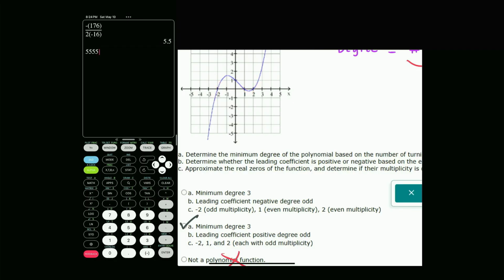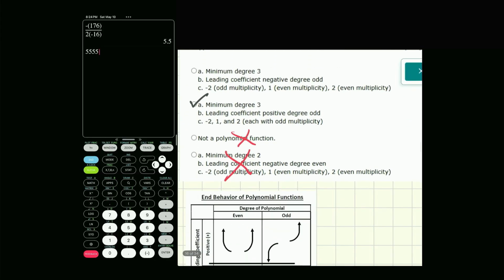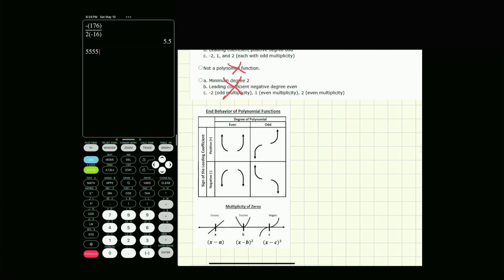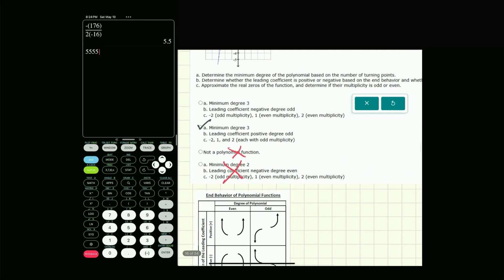It's not just touching, it's crossing through each of those. And when it crosses through, what does that mean? Back to this handy sheet. If it crosses through, that means it's an odd multiplicity because it's a degree of 1. So odd multiplicities for each of our zeros further confirms that B is our answer.